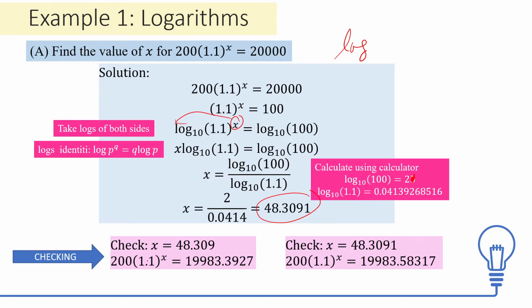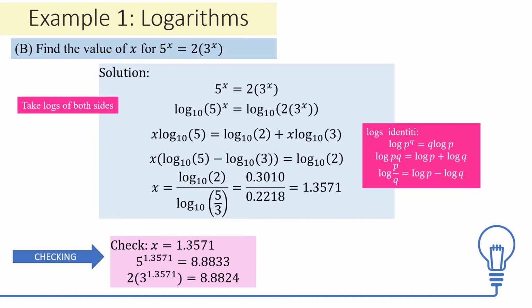When I substitute into the original question, you can see that this one is closer to 20,000 compared to this one, but you can say both are not 20,000. Yes, it's very true, because when we take the logarithm and then truncate everything, we start losing accuracy. But in this case, we still accept 48.3 something as our answer.